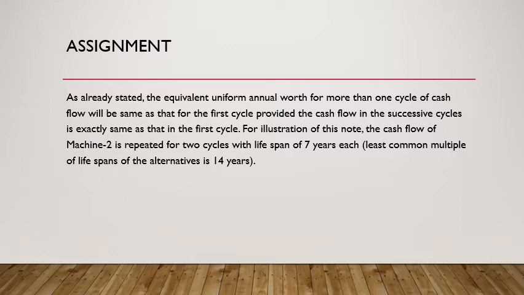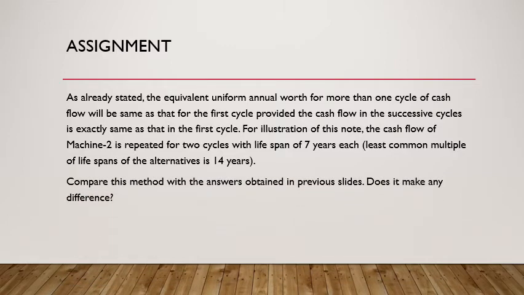The first machine will be retained as it is, and the second machine has to be repeated once again. There will be 2 cycles of machine 2 and only 1 cycle of machine 1. And by the end of this solution, when you compare the answers, you will see that there will not be any difference between the answers obtained.